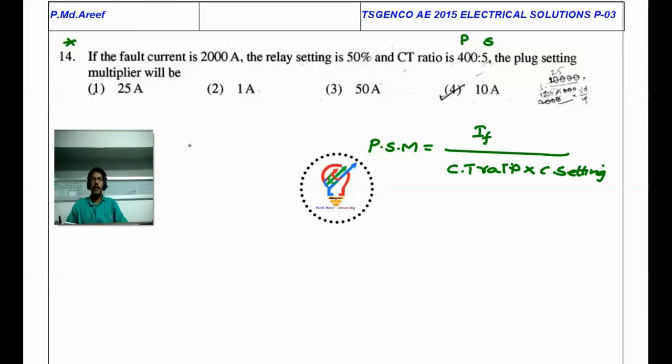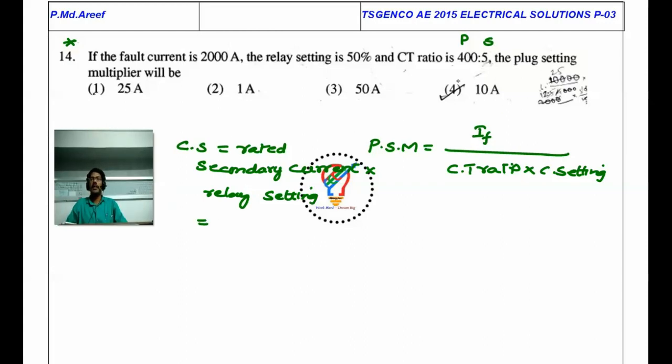Here the current setting is the rated secondary current into the relay setting. The rated secondary current of the CT is 5 amps.